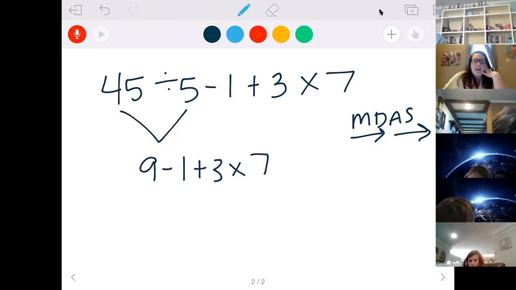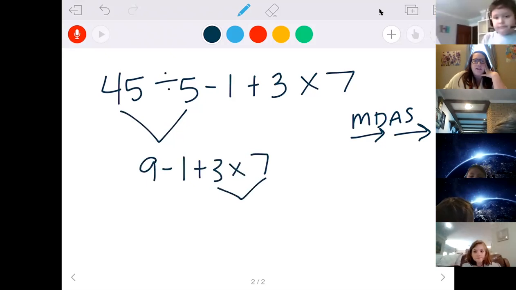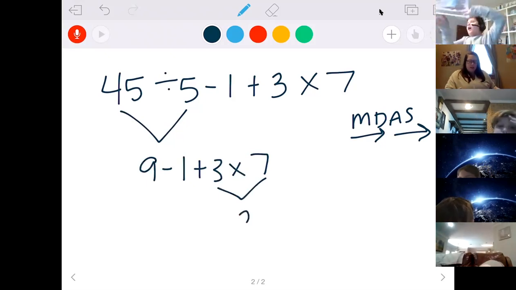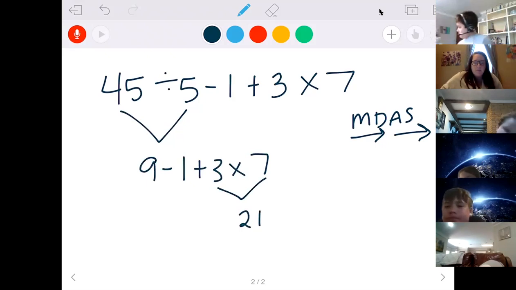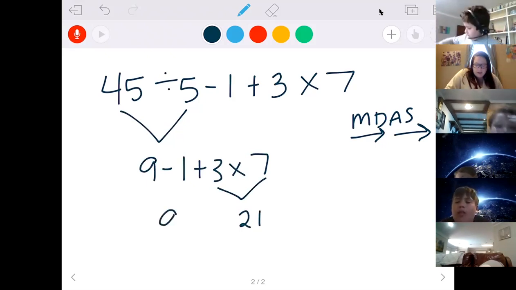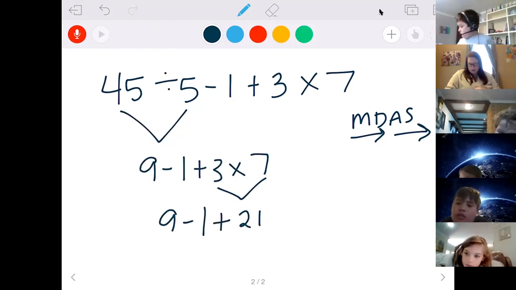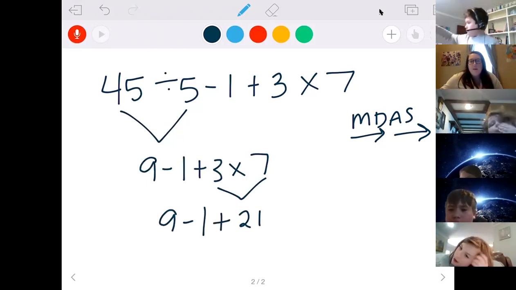Then I look for any other division or multiplication, and I see multiplication here. I know that 3 times 7 is 21. So then I just rewrite everything else. 9 minus 1 plus 21. Okay, remember that so far?